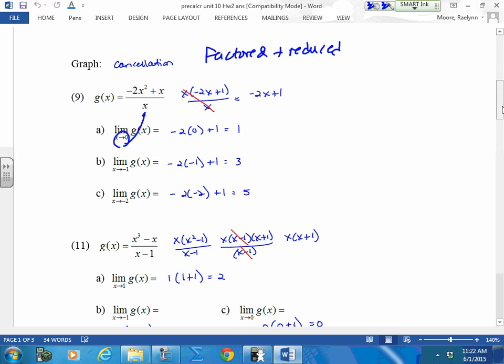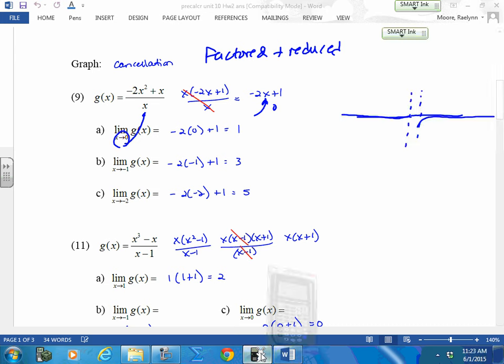But when I graph this thing, it looks like it should have covered the 0. So if I can eliminate that by factoring and canceling out that factor, you can't cancel terms, but you can take out a factor. I now have a place where I can put my 0 in here and get what that limit would be, if in fact I could fill it in.